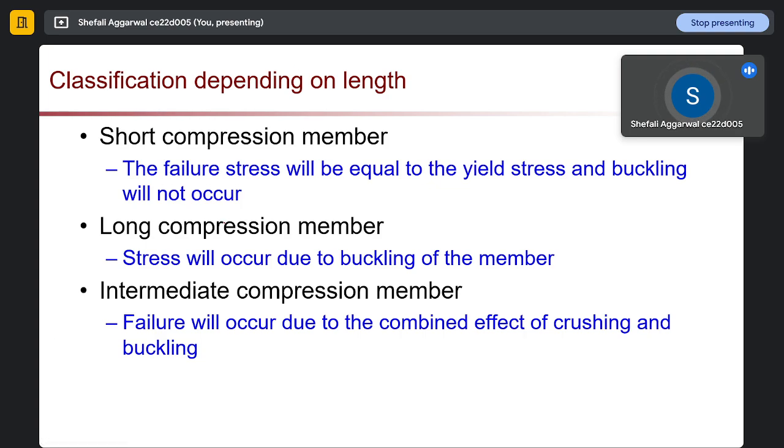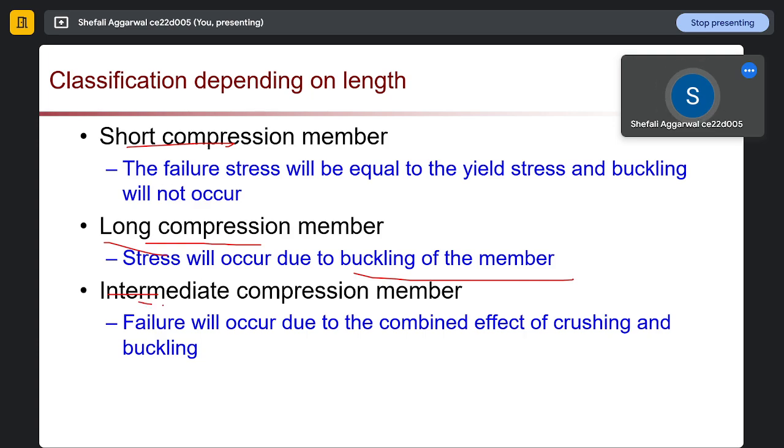So what are the different types of compression members we have in our steel structures? Based on their length, we divide them as short, long, and intermediate. In a short compression member, the failure stress will be equal to the yield stress and buckling will never occur. In long compression members, failure will be mainly due to buckling of the member.